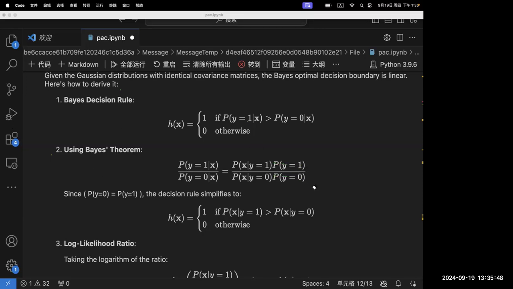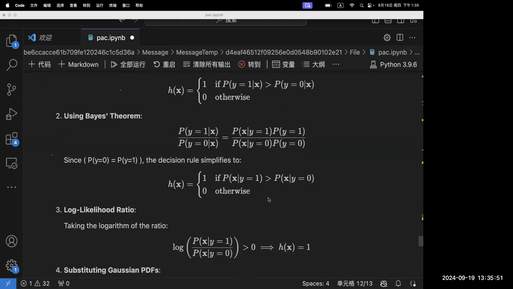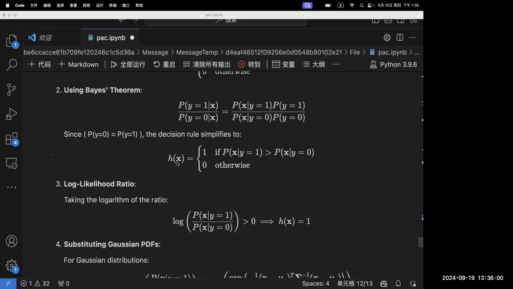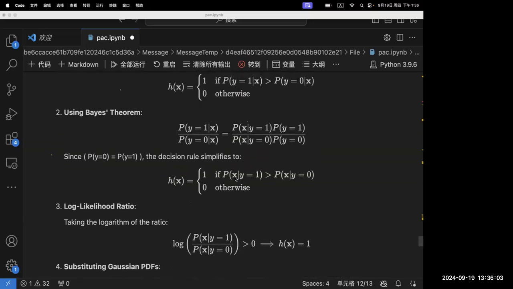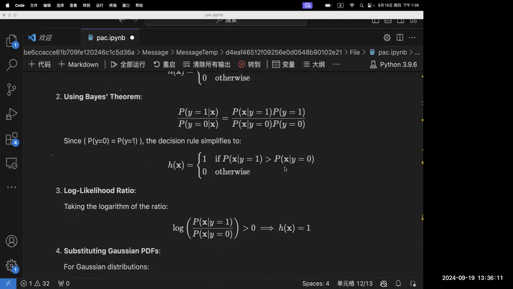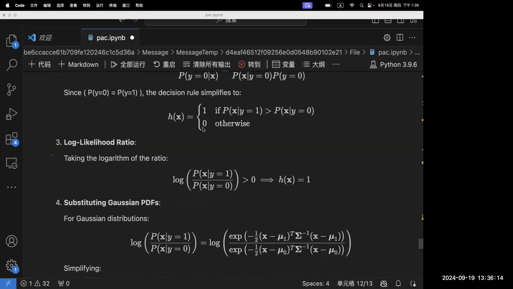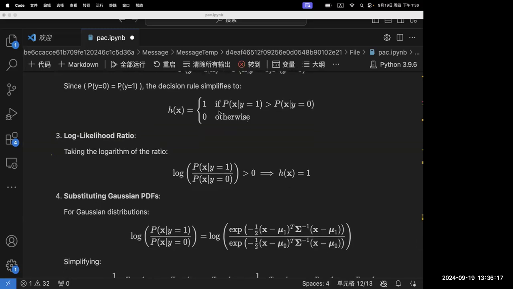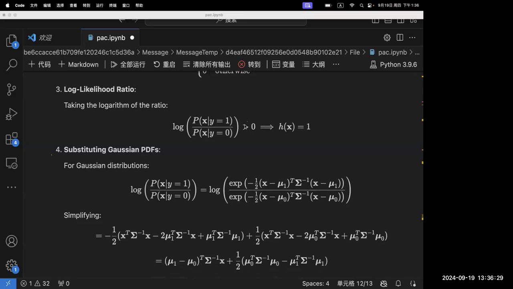Because they are both 0.5. Even if they are not balanced, it won't hurt the final results because they will only serve as a constant here. So we can transform the decision rules using the marginal probabilities of x. Here we are expressing them using y, but here we are expressing them using x. And we'll show that because the CDF of the Gaussian distribution can be directly calculated, we can have the exact value of the decision rules.